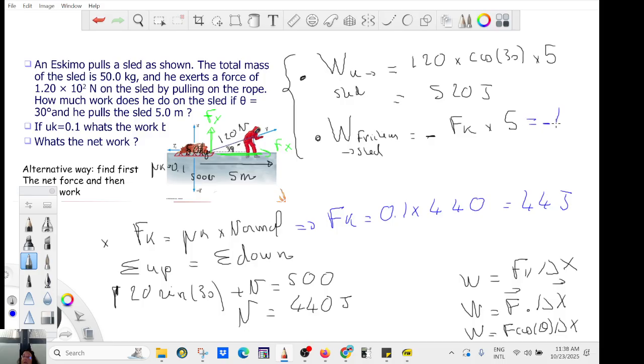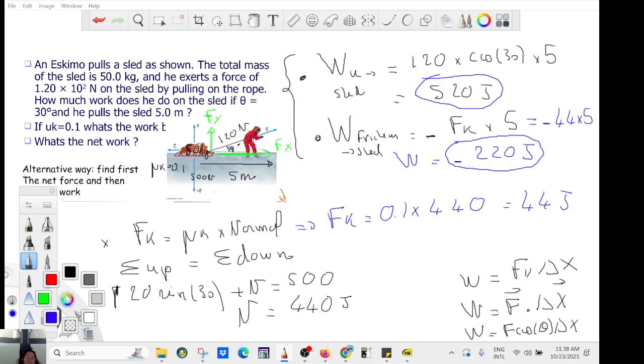So minus 44 times 5. Okay, so the work done will be minus 220. So negative work by friction, positive work by the applied force. Then you can find the net work. So 300 joules.